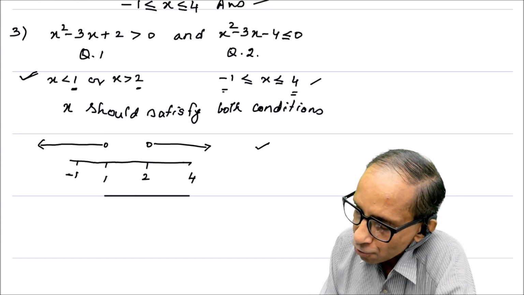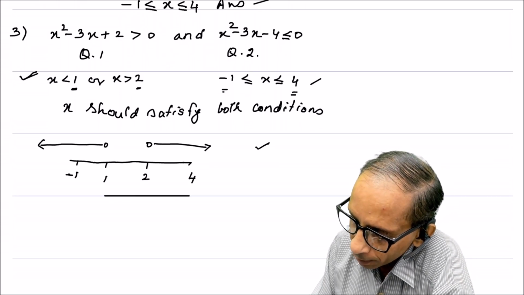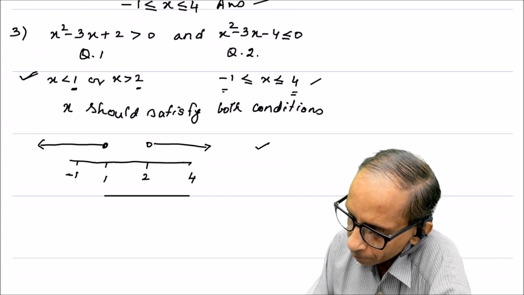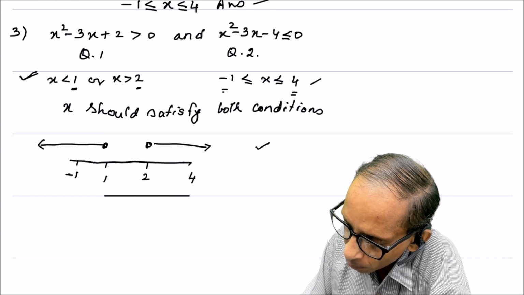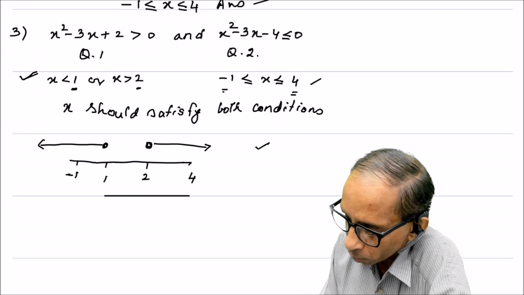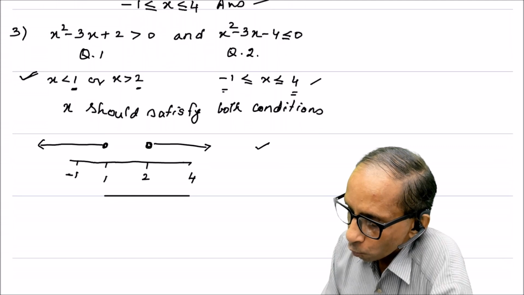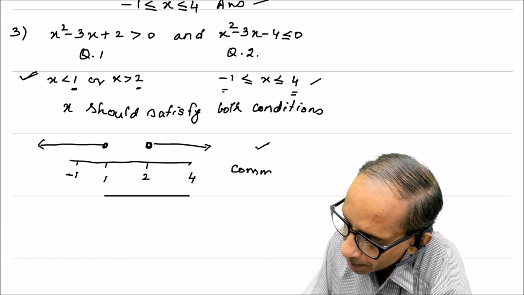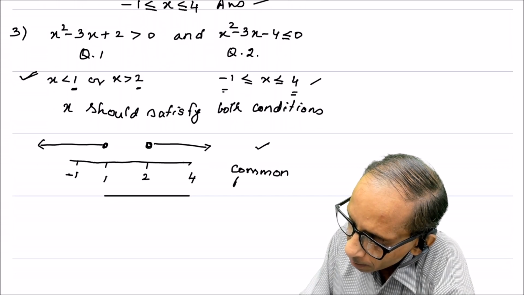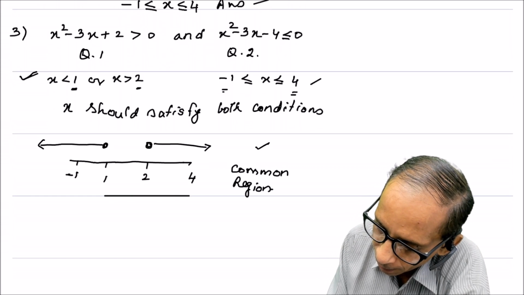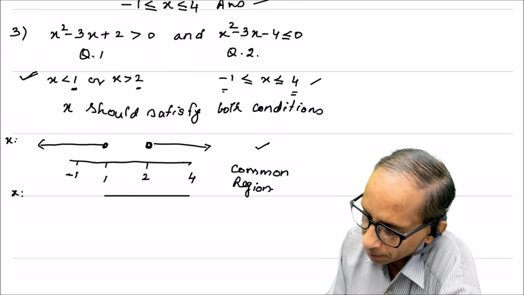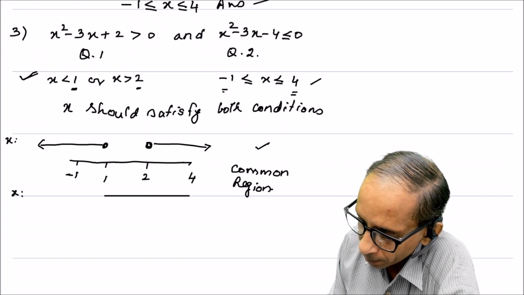And as illustrated and explained before, this bubble means the point 1 is not included. This bubble means 2 is not included. So we have to see here x satisfies both solutions means what is the common region for us. x lies in this region. So what is the common region?